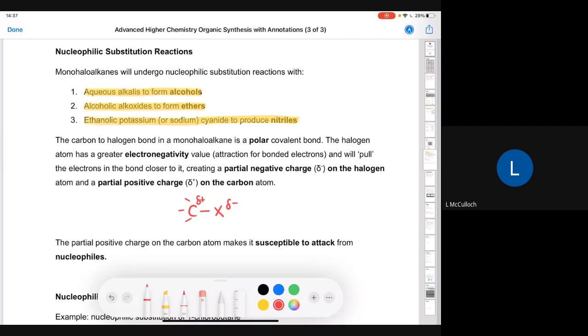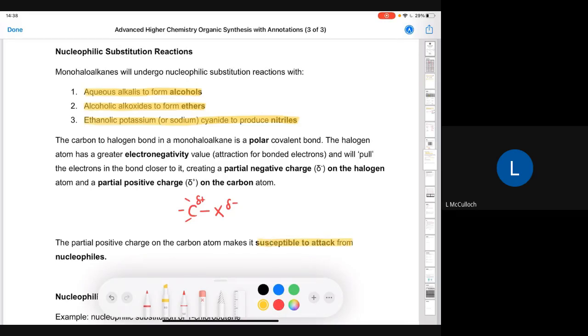And I've just popped three other bonds on that carbon atom because, of course, carbon does make four bonds, so you wouldn't just have that bond completely on its own. The carbon would be attached to other substituents. And the partial positive charge on the carbon atom makes it susceptible to attack from nucleophiles.